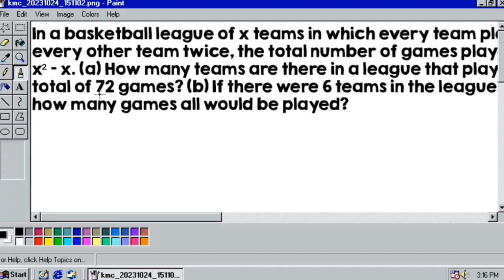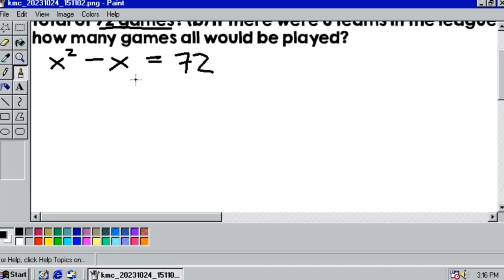Since there are 72 games, we need to equate this equation to 72. So we'll have x squared minus x is equal to 72. Now, let's do some algebra. We're going to subtract 72 from both sides so that we have 0 on the right side, and it is now a quadratic equation.